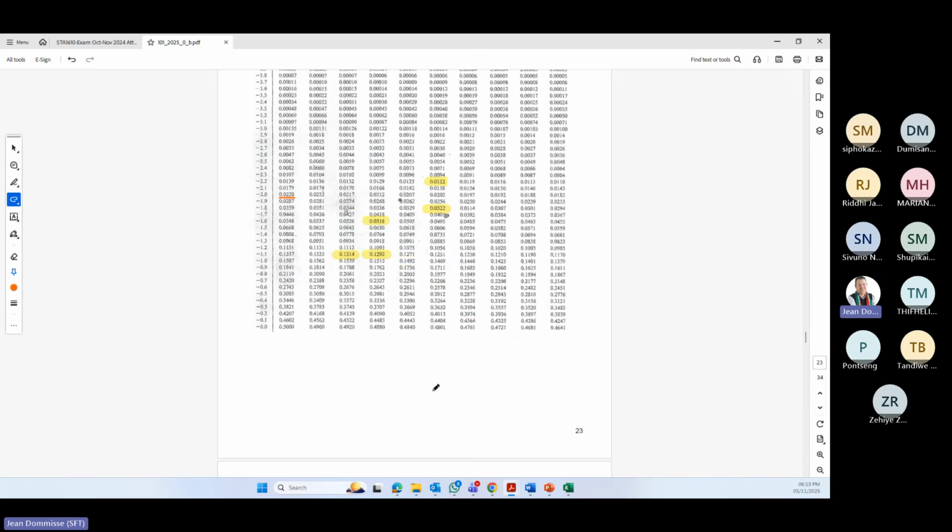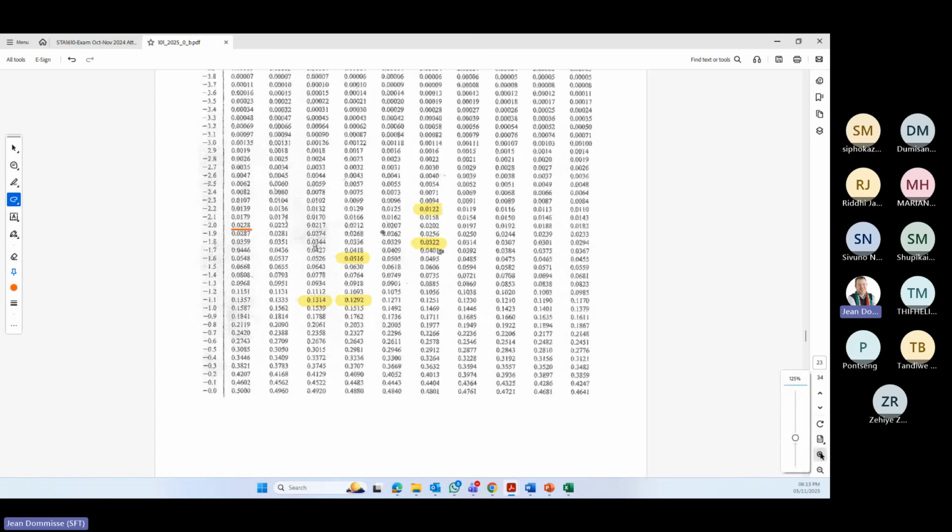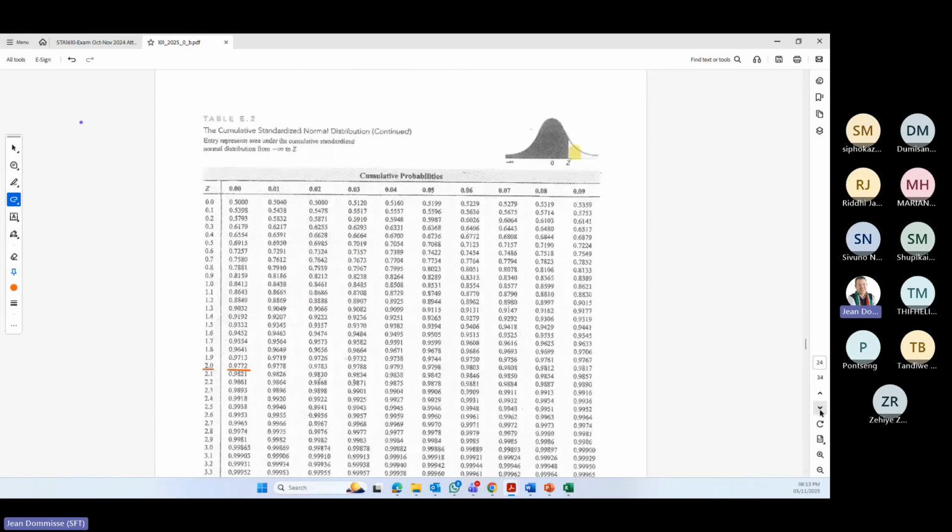So I'm going to look for a Z, and let's make it a bit bigger. On my positive table, here we want it to cover 60%, because that area is going to be 0.4. Okay, so here we've got it in between those two. We've got 60. So do we take 0.25?